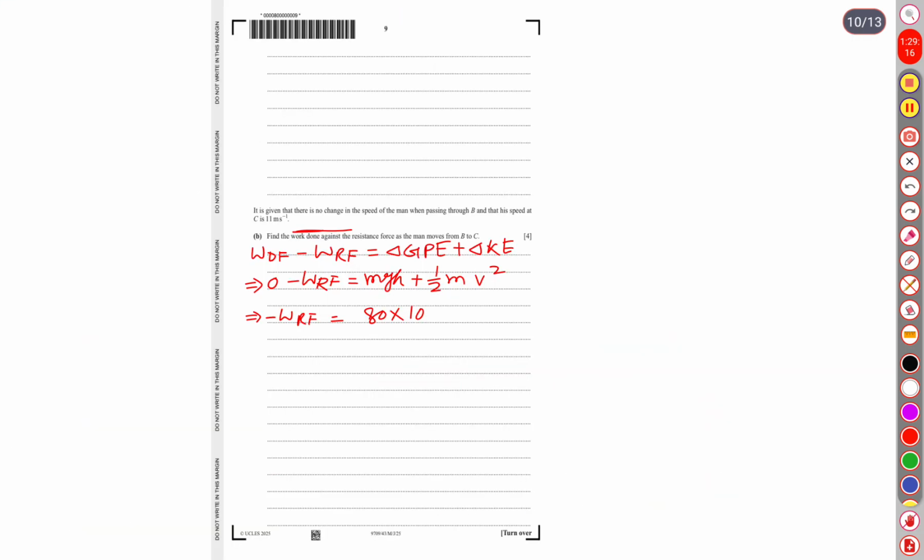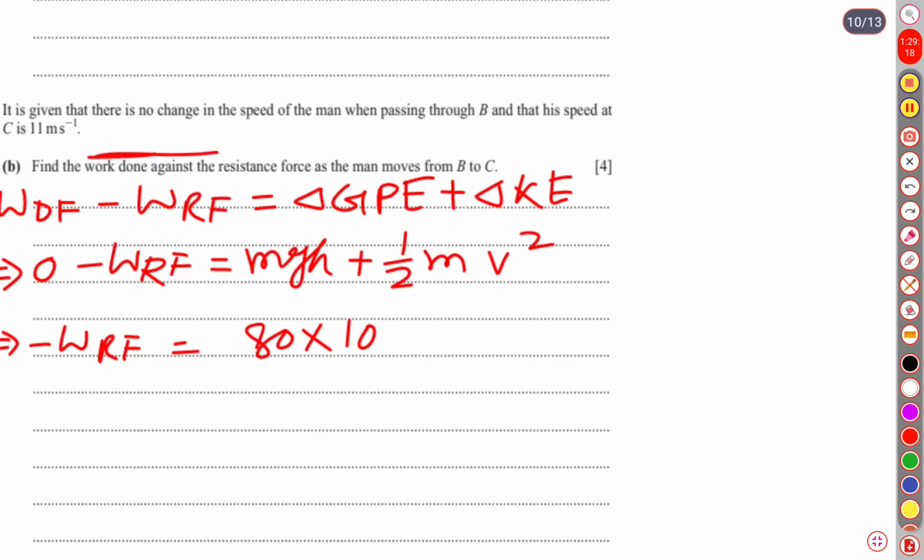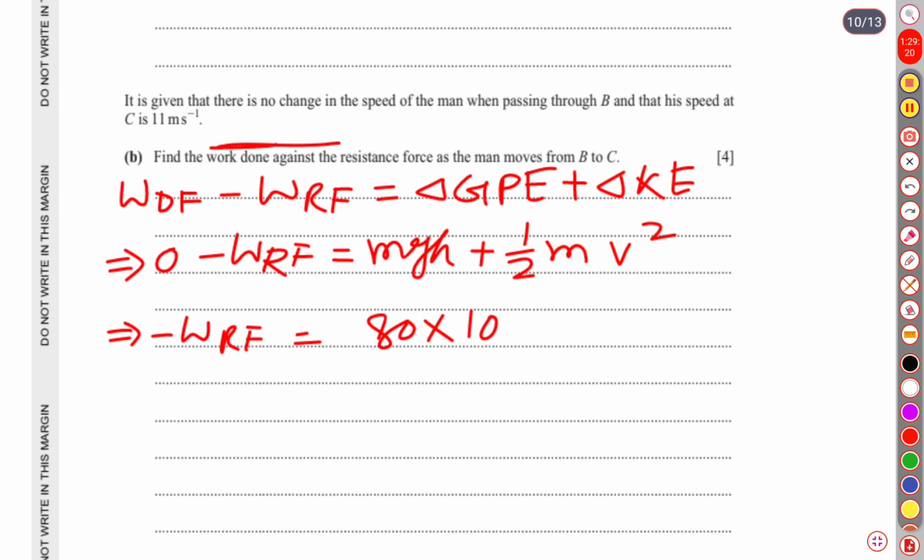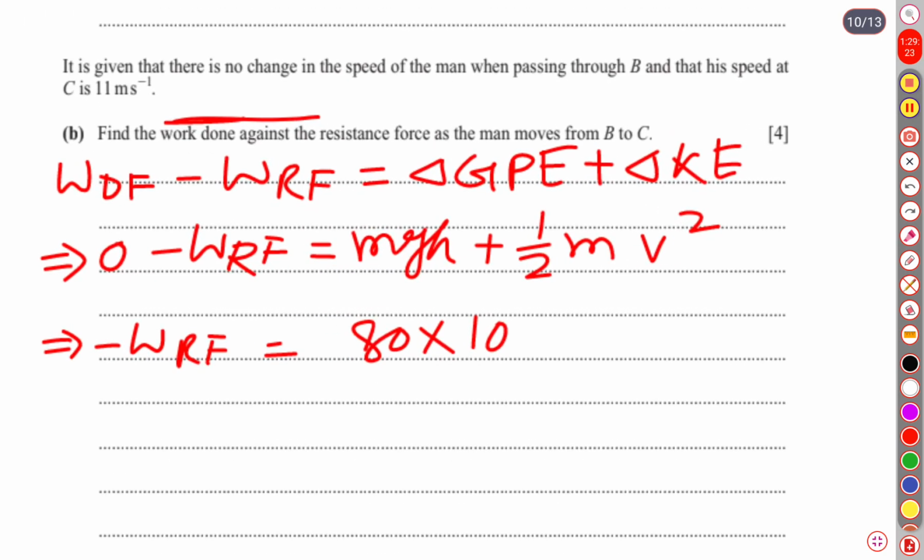So final height is 0, initial height is 2.5, so it is going to be negative 2.5 plus half of the mass of the person, 80, and final velocity, they told that final velocity was 11 and initial was 74, just as we have calculated.